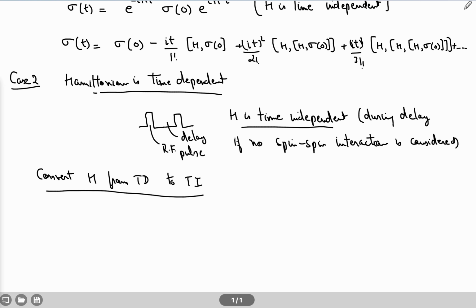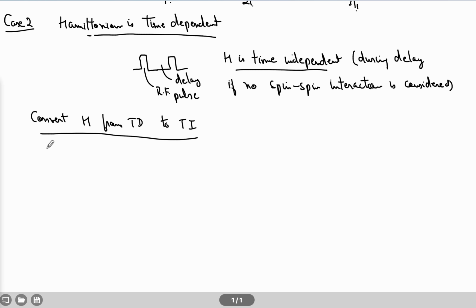So the equivalent quantum mechanical treatment for the rotating frame transformation is done by something called a similarity transformation.